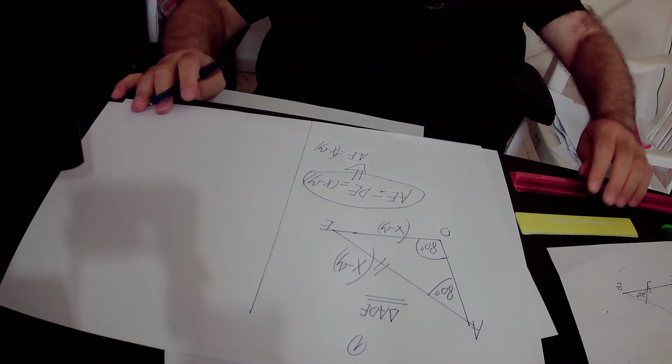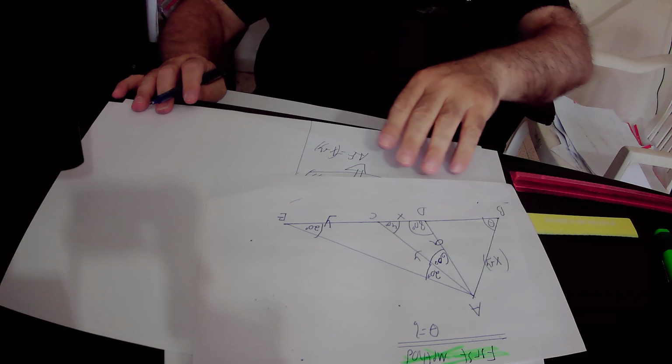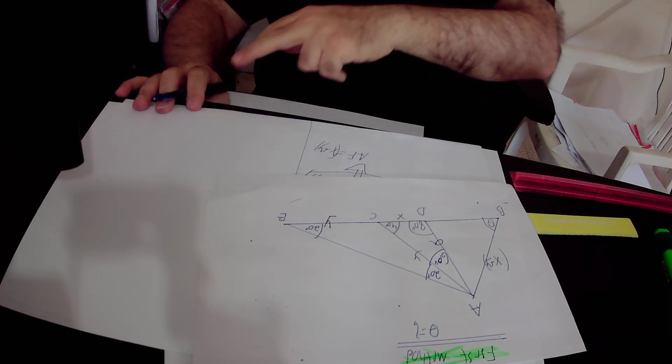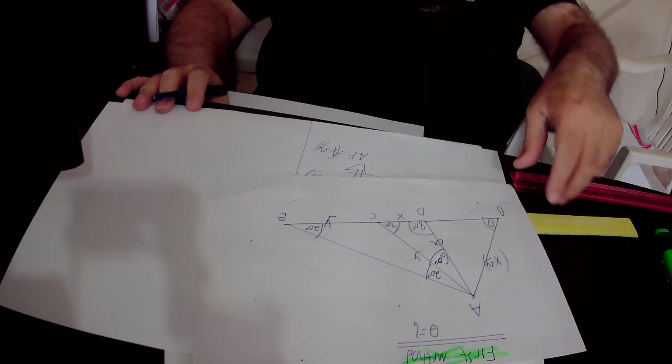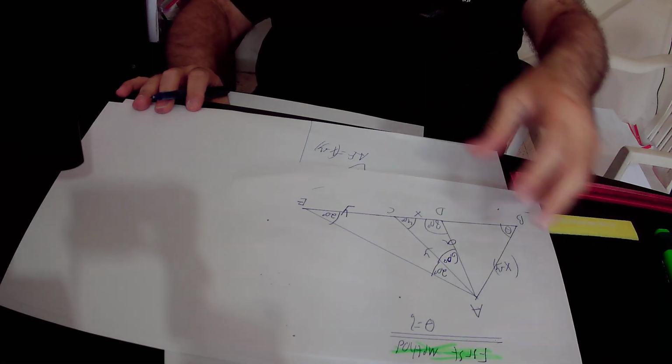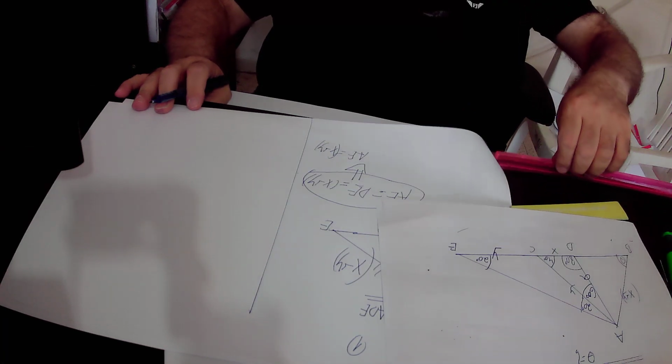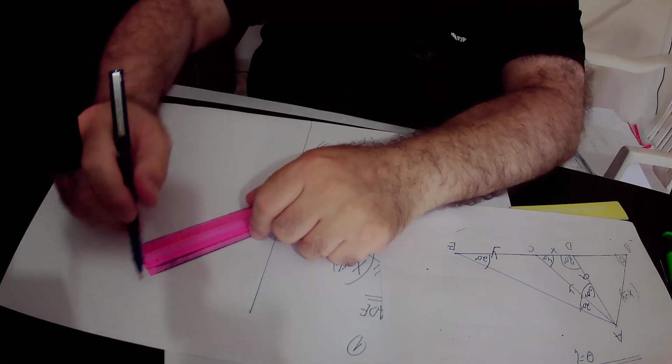In the next step, I will copy the right triangle ABE in this page, and we will analyze triangle ABE, the big triangle ABE.